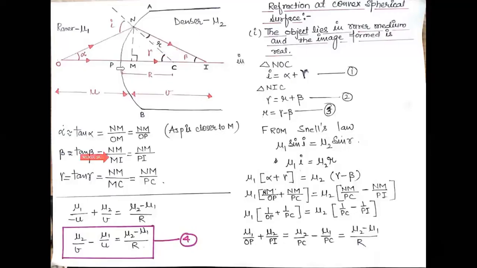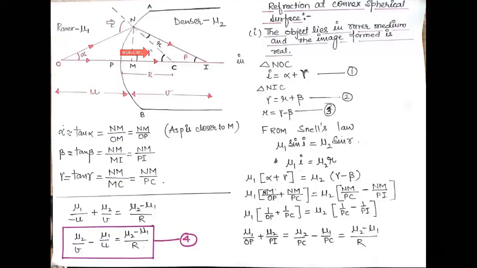Again M is very close to P, so instead of MI we write PI. Now we have to find the value of gamma. That is tan gamma equals NM upon MC. Again M and P are very close, so we can replace MC by PC. We have these values of alpha, beta and gamma.